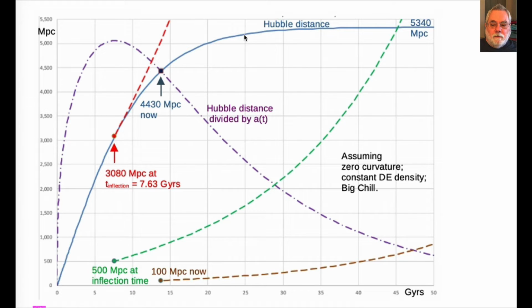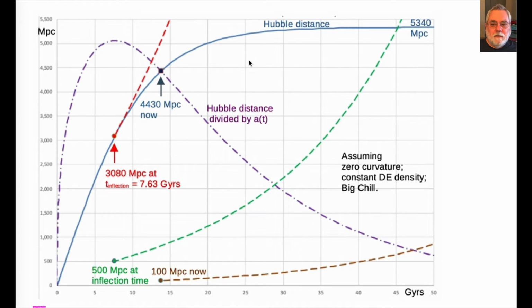Just a reminder that we have assumed a big chill future, not a big rip. Surrounding us, or any point in the expanding universe, is an imaginary expanding Hubble sphere, containing all the galaxies that are receding from us at less than the speed of light at that time.